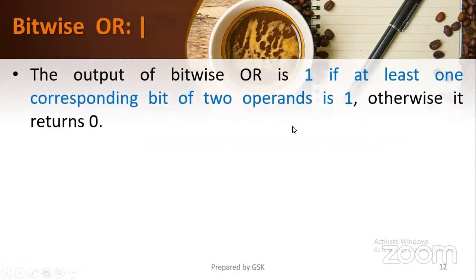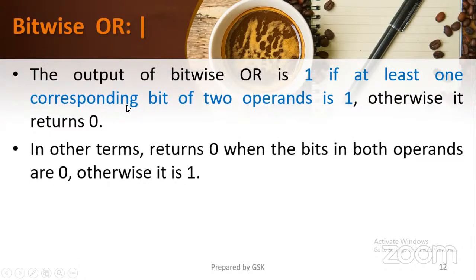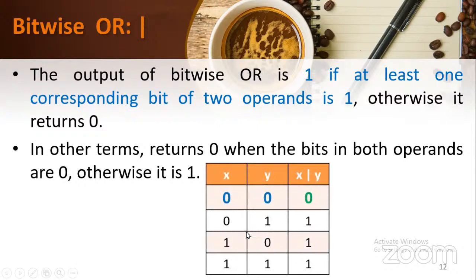In the same way, for the bitwise OR operator, if at least one value is true, nothing but 1, the final value is 1. See the truth value: at least one value is 1. You may have two values also. At least one means, if you have two 1 values also, the final result is 1.